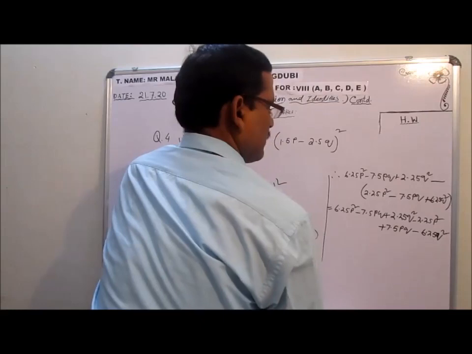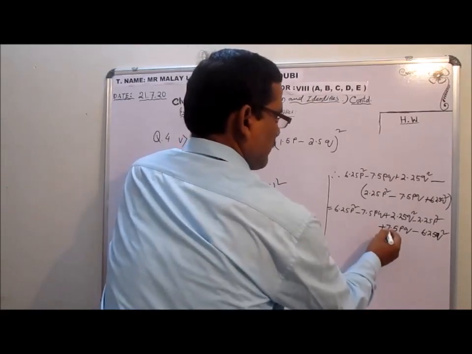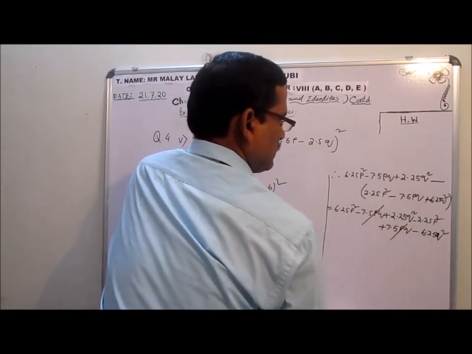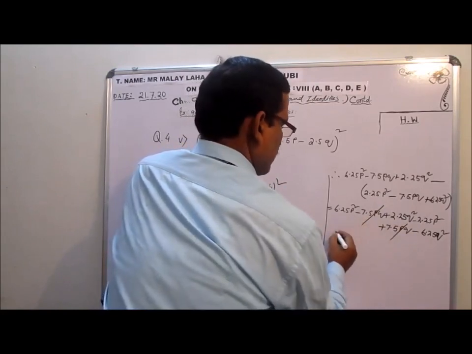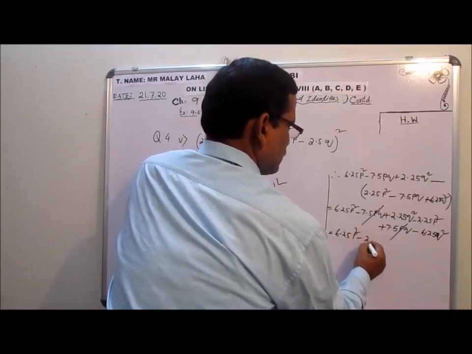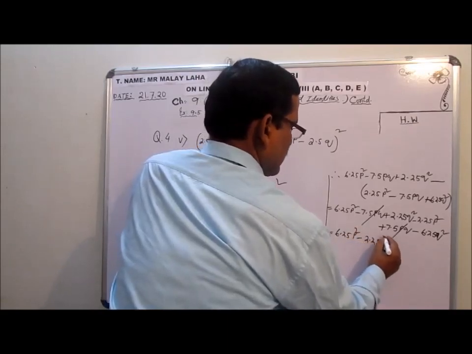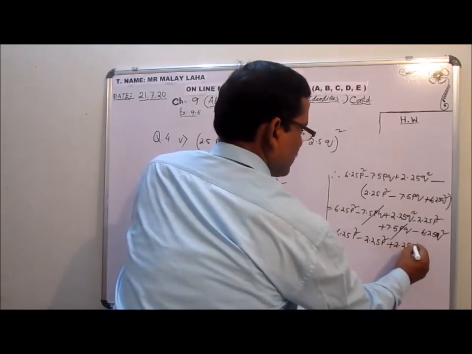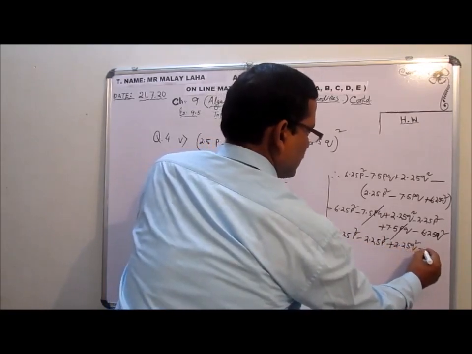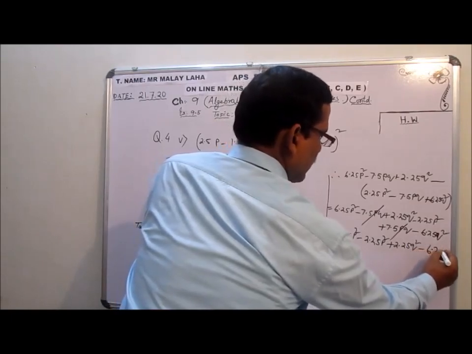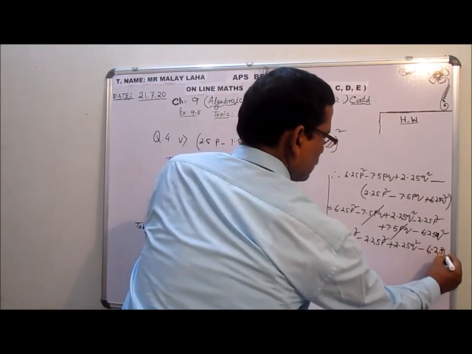Okay, so now plus 7.5 pq and minus 7.5 pq get cancelled. Then p square and p square: 6.25 p square minus 2.25 p square, like terms you have to arrange, and 2.25 q square minus 6.25 q square.